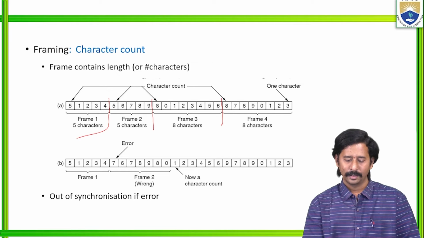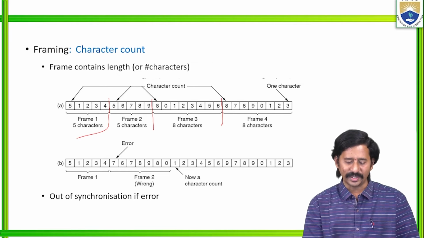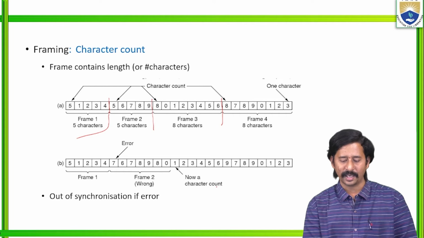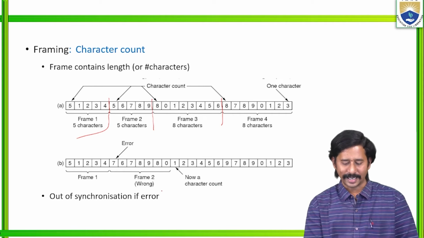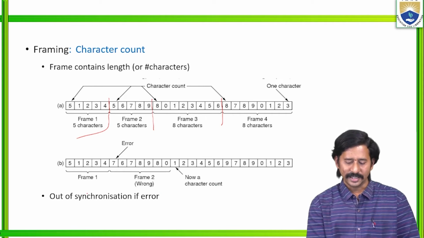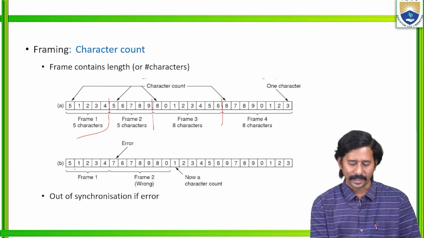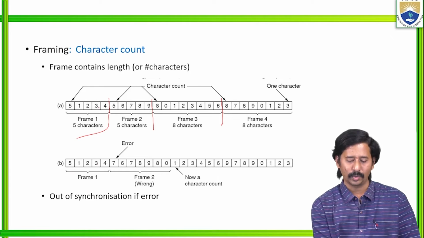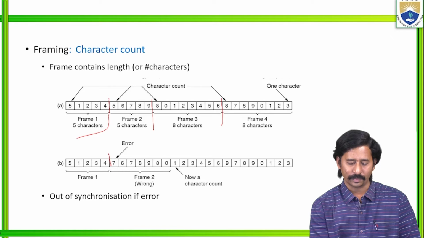See what happens when we need to transmit these frames and characters. Frame 1 contains the same characters 5, 1, 2, 3, 4, and that is correct.